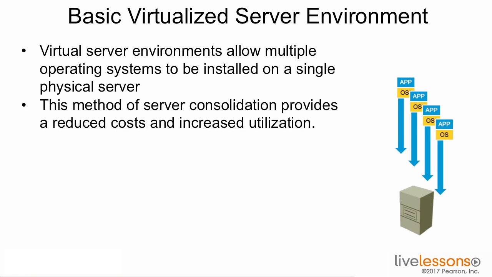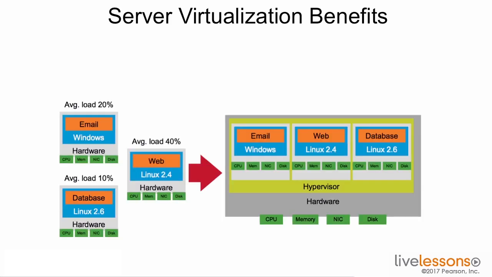This method of server consolidation provides a great reduction in costs and increased utilization on the physical hardware. For instance, in my environment, I might have a bare metal server, such as an email server, that is running at 20%. I might have a web server that's running at 40%, and a database server that's running at 10%.